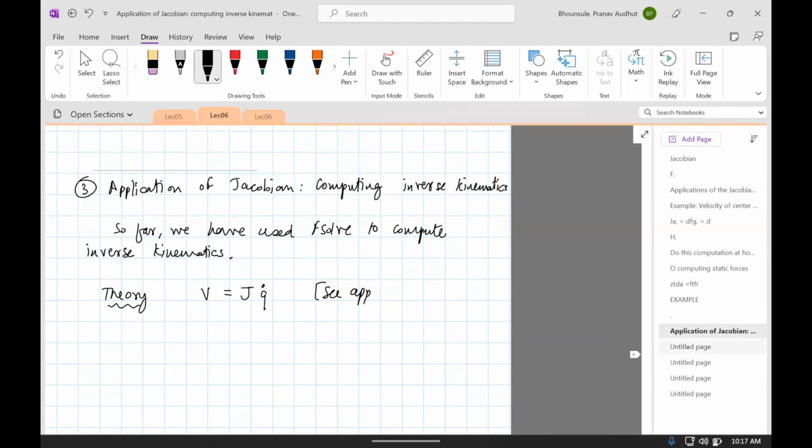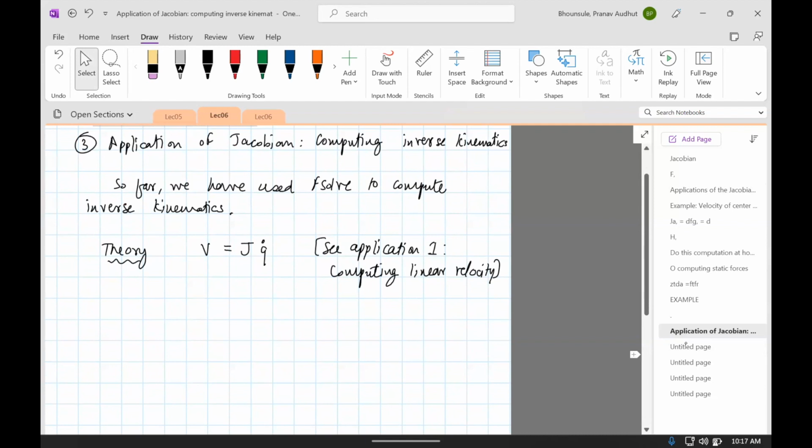See application 1: computing linear velocity. Remember, this is the Cartesian velocity, and this is the joint velocity. So what is the Cartesian velocity?